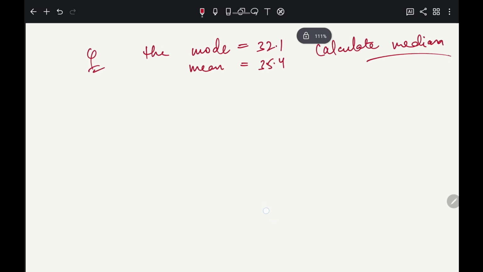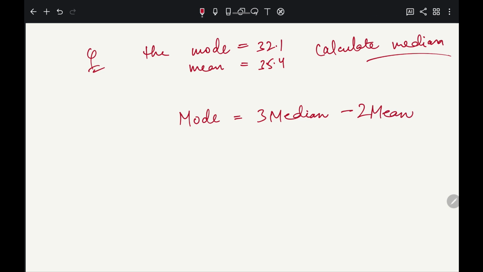So we know that mode is equal to 3 median minus 2 mean. So we'll put the values here. Mode 32.1 is equal to 3 median minus 2 into 35.4, which will be 70.8.